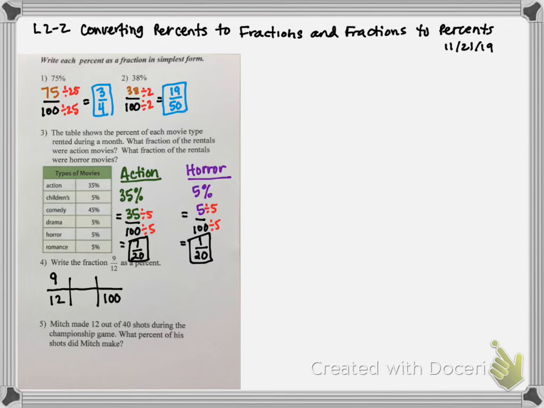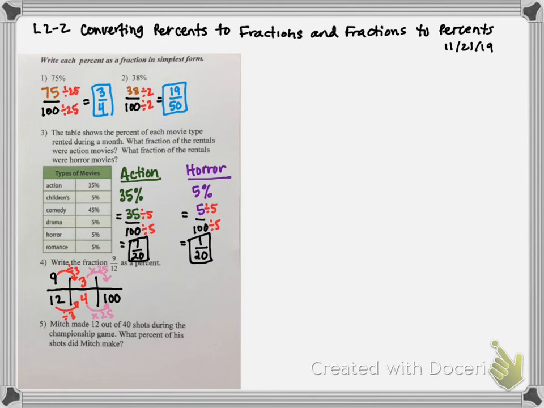And what I notice is they're both divisible by 3. So I'm going to divide a 3 out of each of those. And I get a 3 on the top and a 4 on the bottom. I see it. To get from 4 to 100, I'm going to multiply by 25. So I'm going to multiply the 3 by 25 as well.